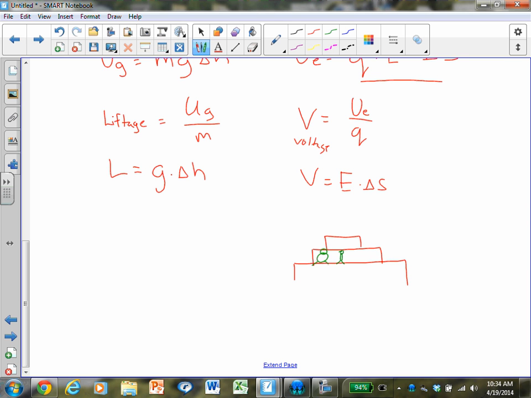Or in the electrical sense, they have the same voltage, even though they have different charges, based on where they are in space. So it's a positional quantity.